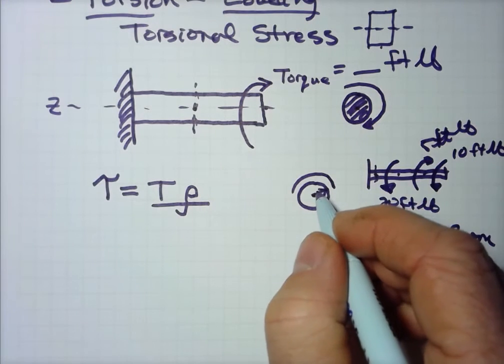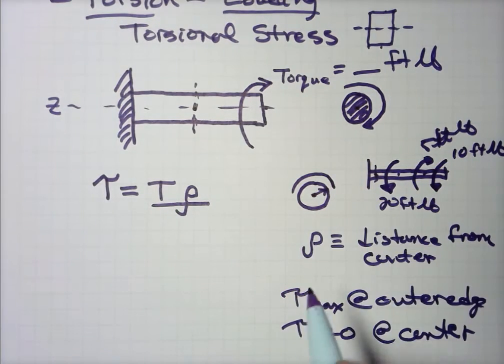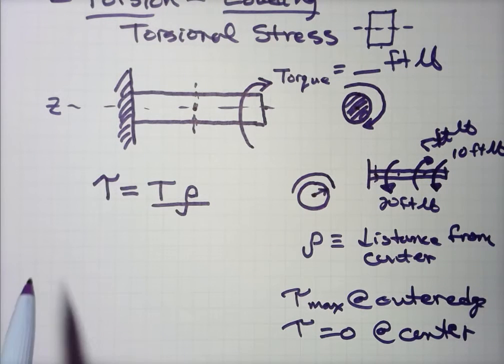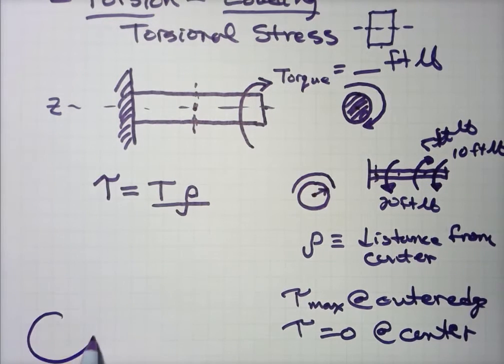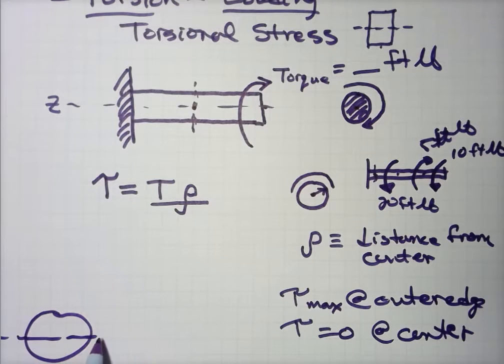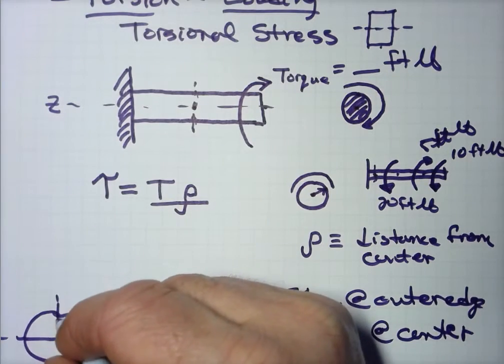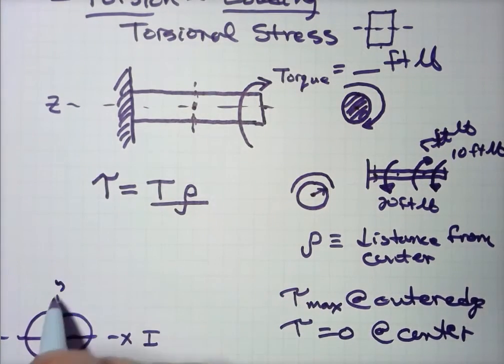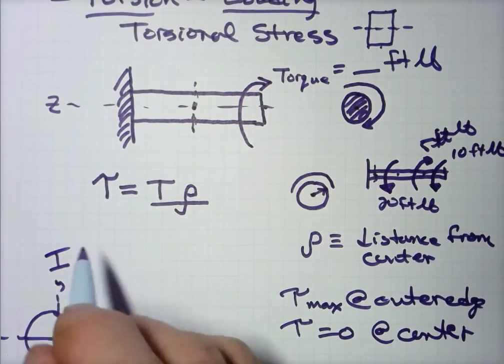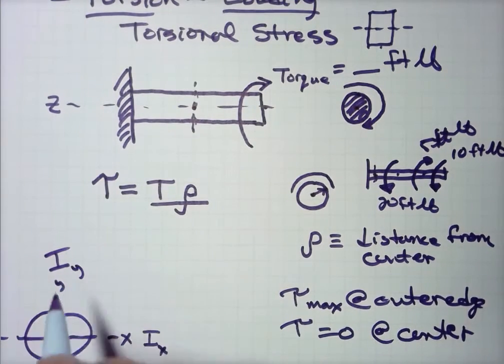But let me just take a look at this circle. I'm going to draw a circle here. If we were talking about moment of inertia about the x-axis, we would use Ix. About the y-axis, we would use Iy. If this is the x-axis and this is the y-axis.